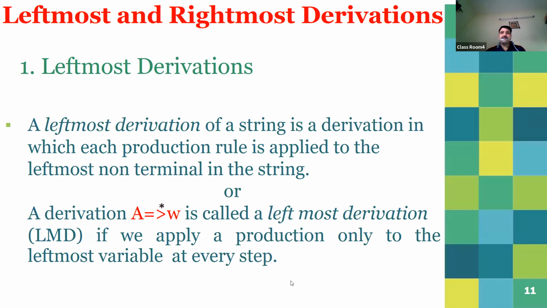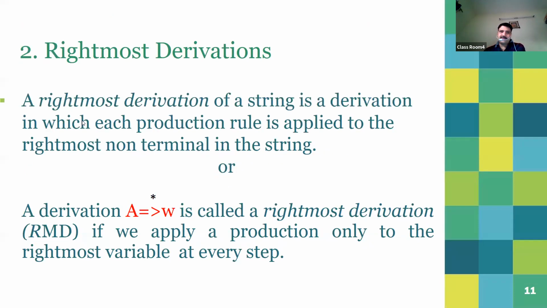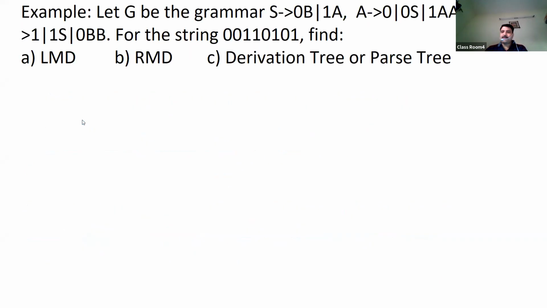In the previous lecture, we completed the leftmost derivation and the rightmost derivation, and we solved a particular problem. In this problem, a grammar is given to you, and you have to find the leftmost derivation, the rightmost derivation and the parse tree for a particular string, right?